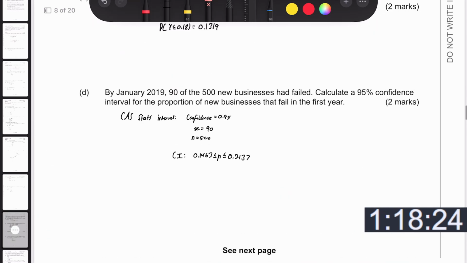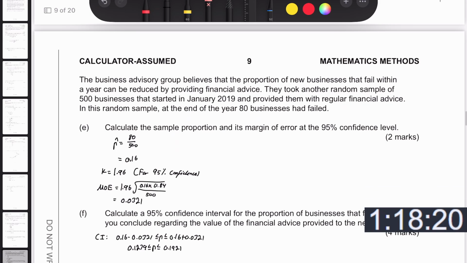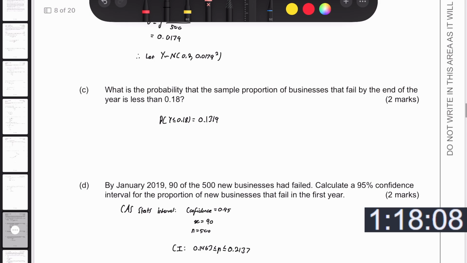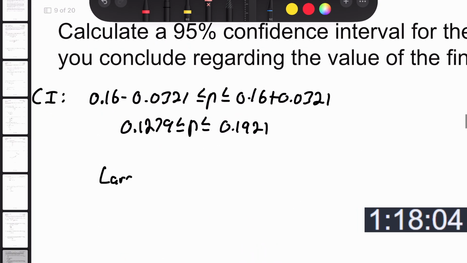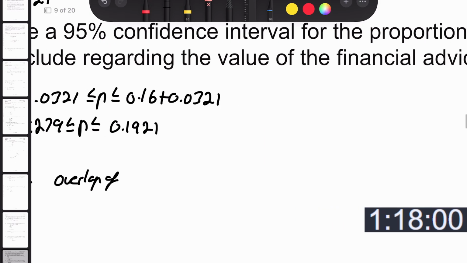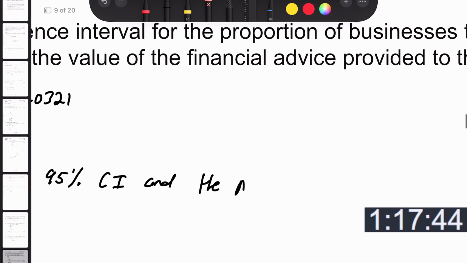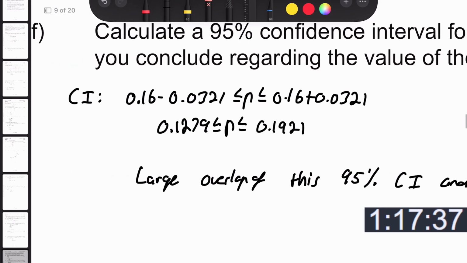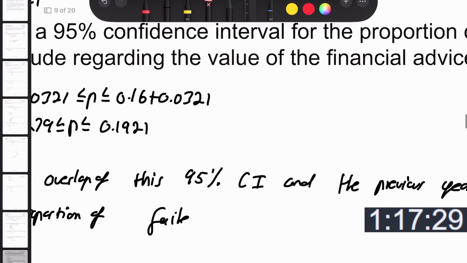Actually, no. Large overlap to this. So I'm going to say large overlap of confidence intervals, the 95% confidence interval of this CI with the previous years' 95% confidence interval for the proportion of failed businesses.